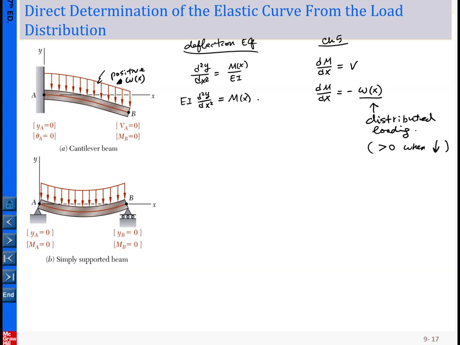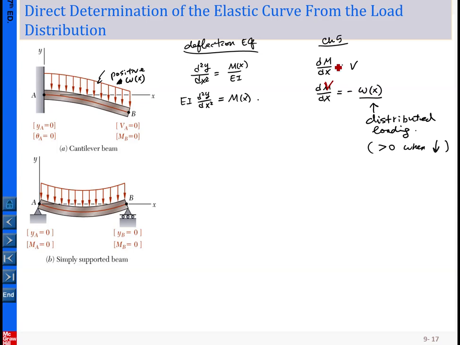Okay, so I'm going to try to integrate the both together and see how we can do it. Oh, here is a typo, it should be dM/dx equals V. So the integration is this.